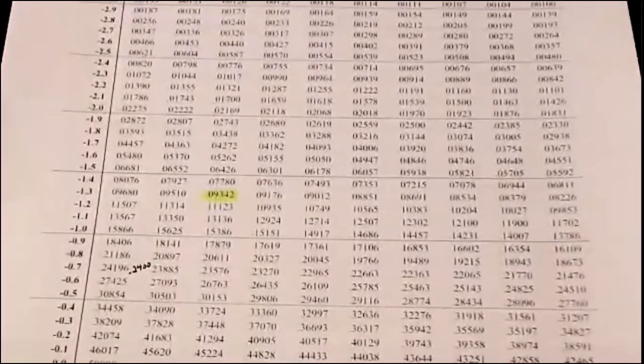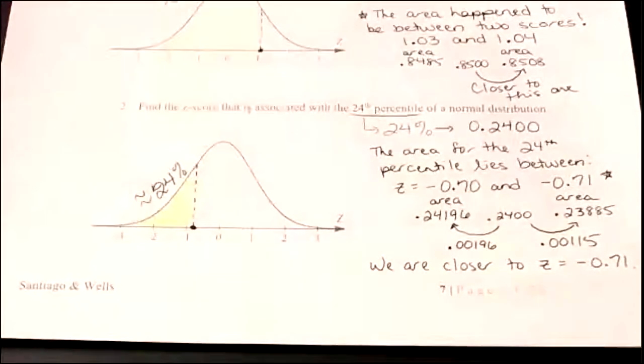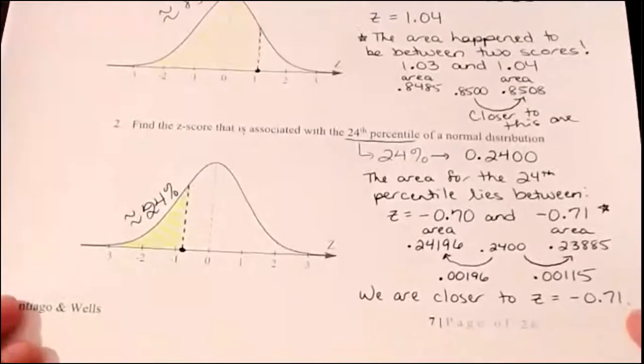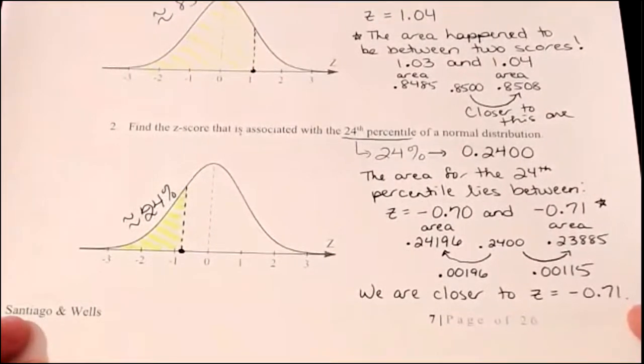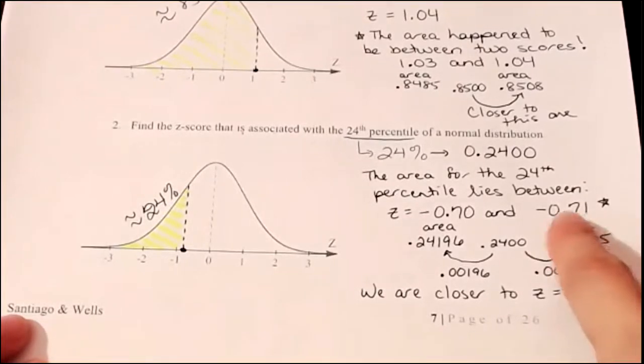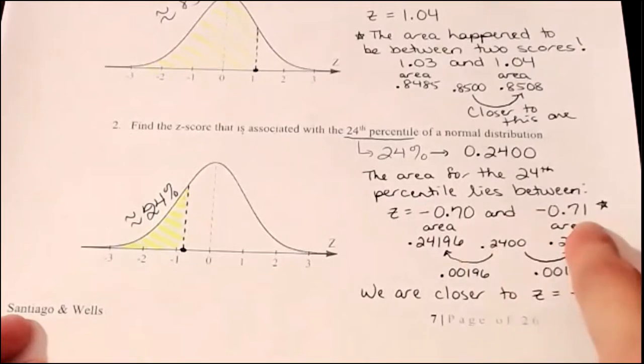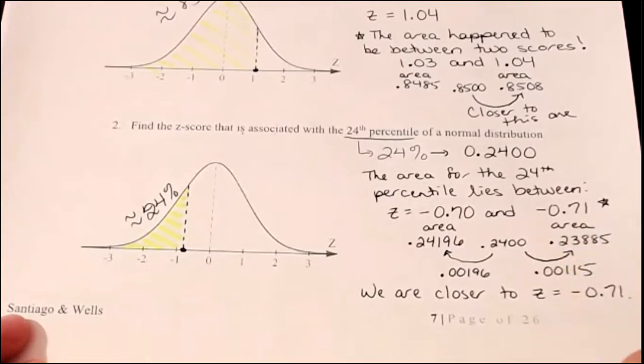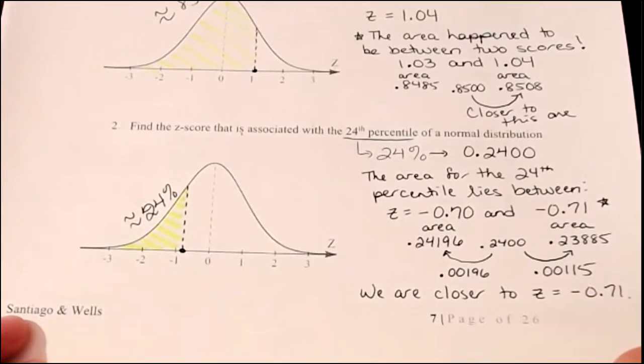Good. Any other questions? Can you go back? I just want to see something. Yes. How did you get the z-scores, negative 0.70 and negative 0.71? I understand the first one, but how did you get the second one, negative 0.71, because I thought it was supposed to be like 1.